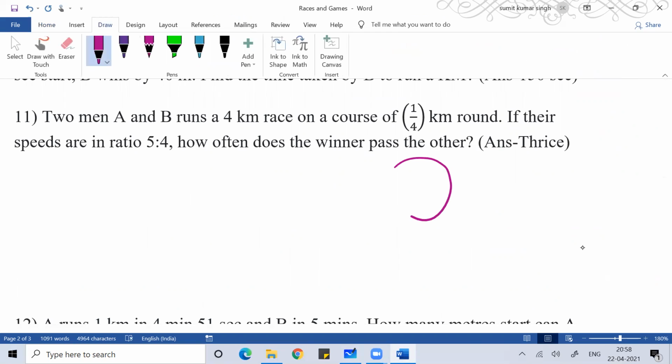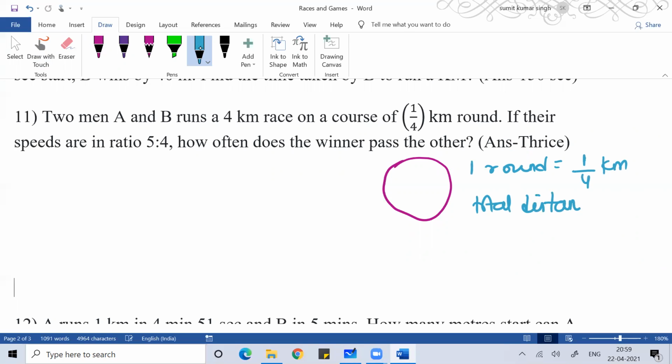So one lap is 1 by 4 kilometer, and the total distance is 4 kilometer. So the total number of rounds will be 16. They are going to run 16 rounds, A and B.